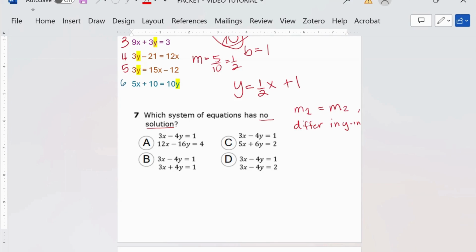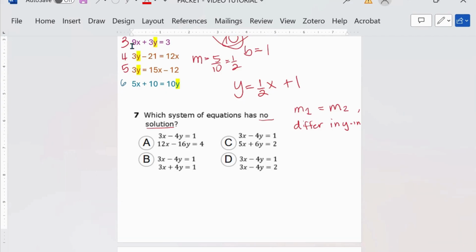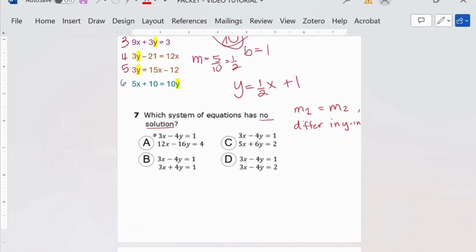Letter A. Let's start letter A. For letter A, I'm going to solve this one first.